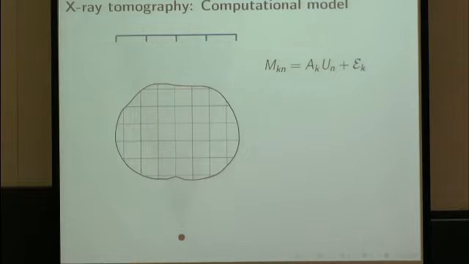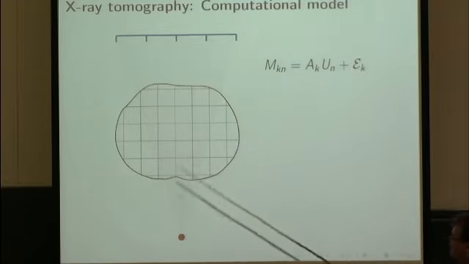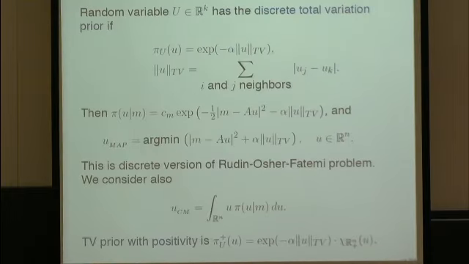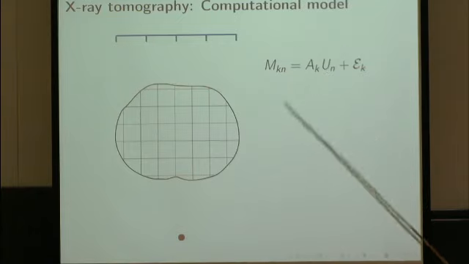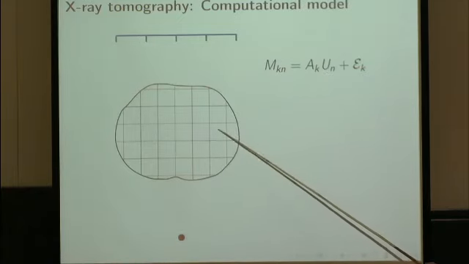And in X-ray tomography, here I have the source, rays go like this. I have the detector here, and I have pixelization of the unknown. Okay, so this is now our model. U here is a vector where I have attenuation on each of these pixels.